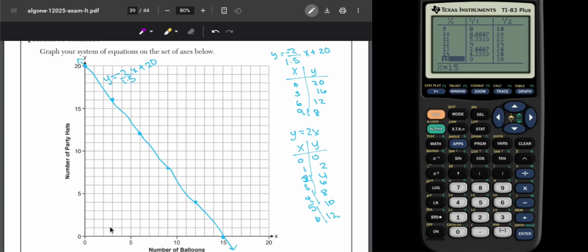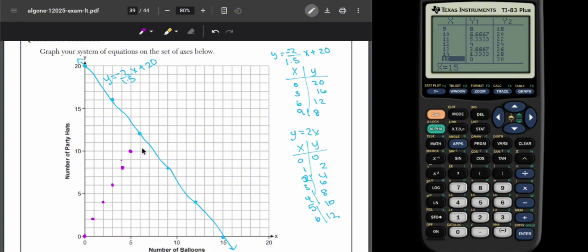So I start at 0, 0. I go to 1, 2. I go to 2, 4. I go to 3, 6. I go to 4, 8. Oh, 5, 10 first, sorry. 5, 10.